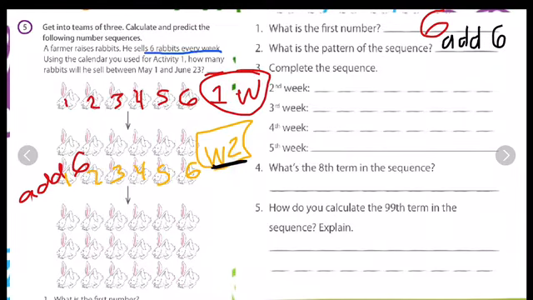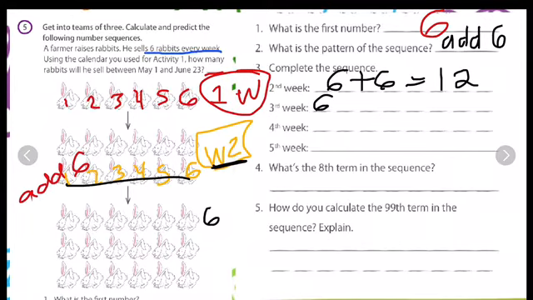On week 2 then is 6 that you have plus 6 that you're going to add equals 12. Then 6 over here plus 6, and here is 6, and here is 6. So this is week 2, so this one will be week 3.